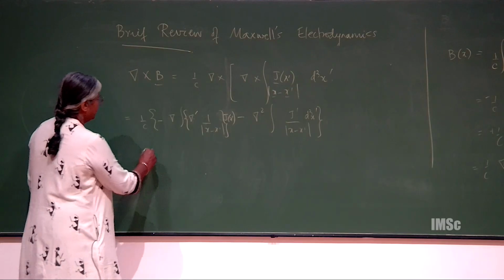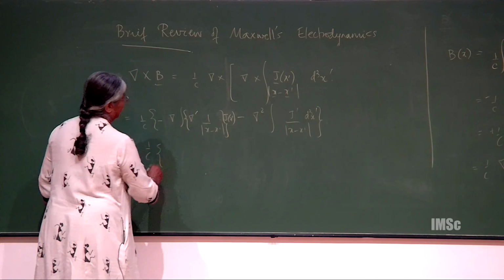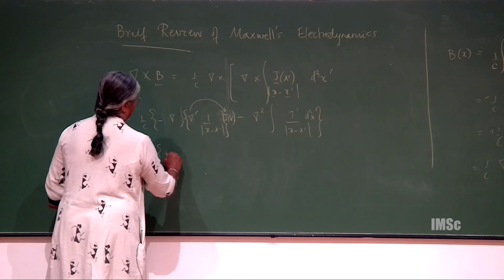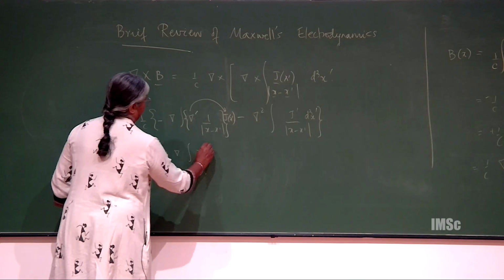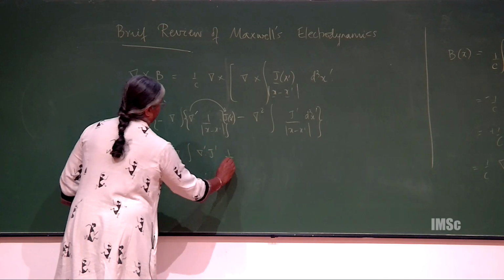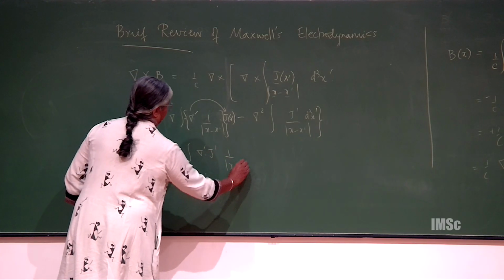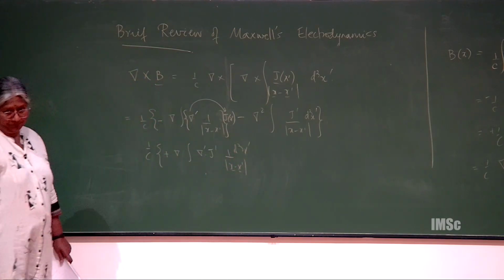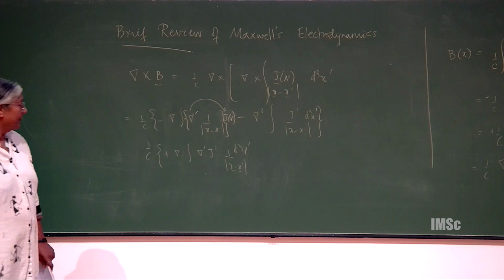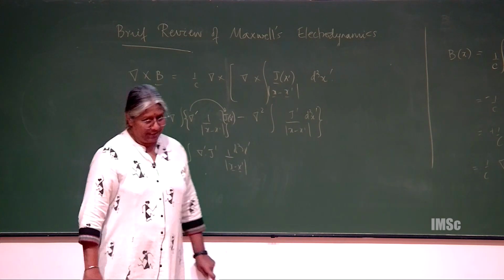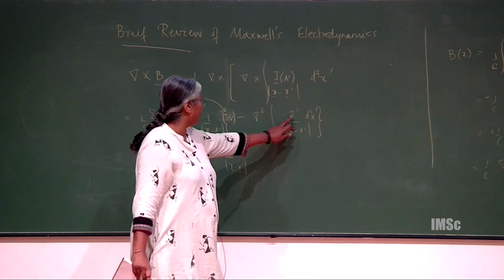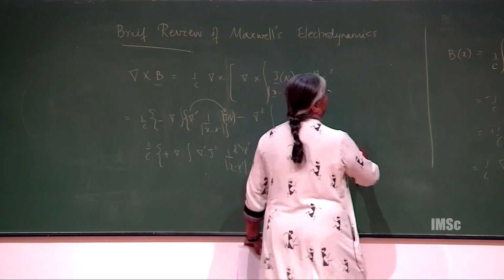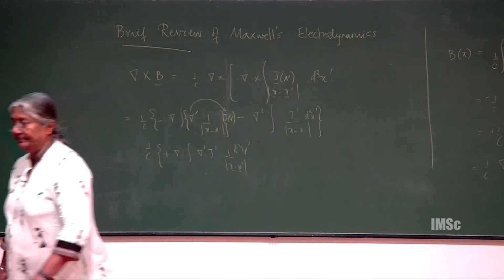Then now what I will do is an integration by parts and convert del prime to act on j. So I will get plus del of del prime dot j prime over mod x minus x prime. What is this? j prime is independent of x. So this is simply del squared of 1 by mod x minus x prime.